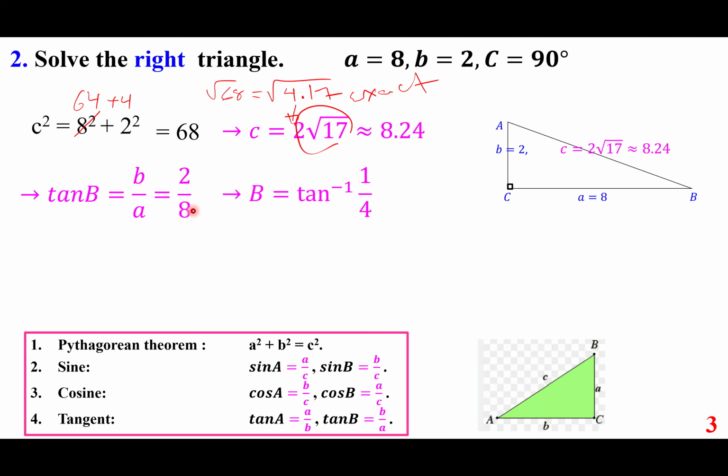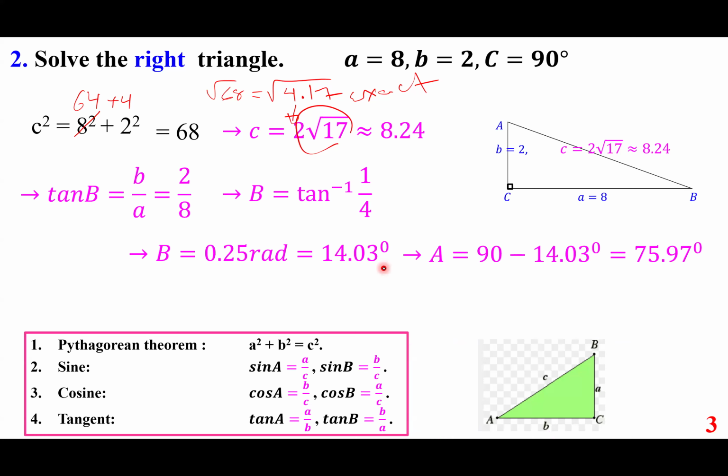You put it into a calculator. 0.25 radians, about 14.03 degrees. And of course, if we have a B, A must be 90 minus that, 75.97 degrees.